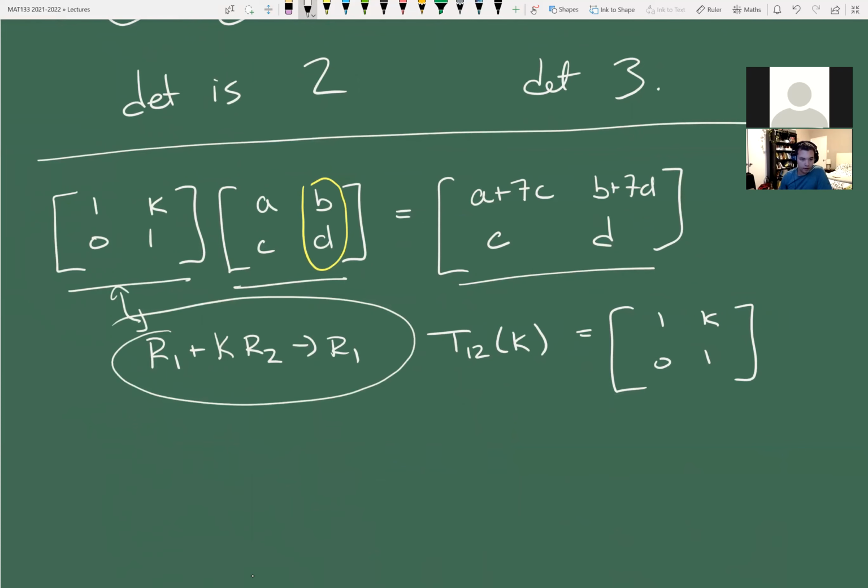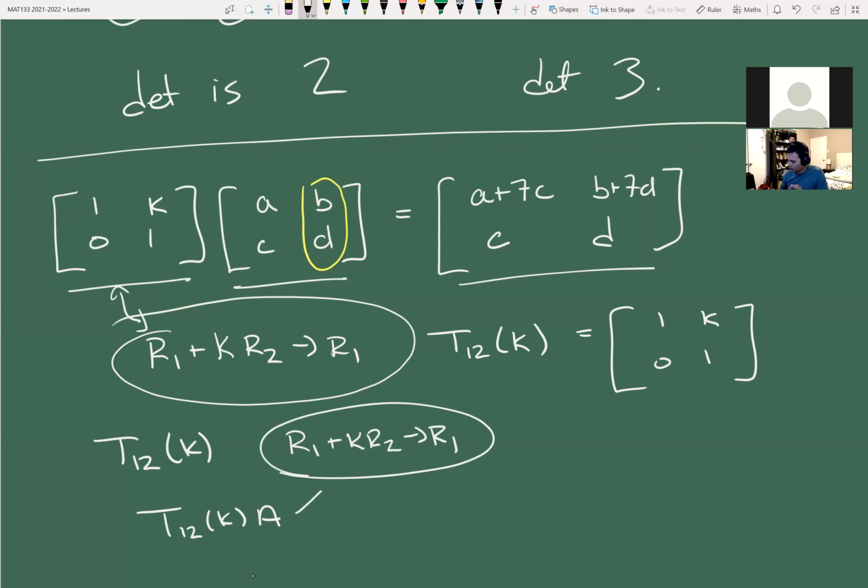Okay. Sure, I can explain the T12. T12K, the definition of this is that it is precisely the matrix which does this row operation. So if I do T12K acting on a matrix A, then that is the same thing as having done this row operation to A. That is the definition of T12K.